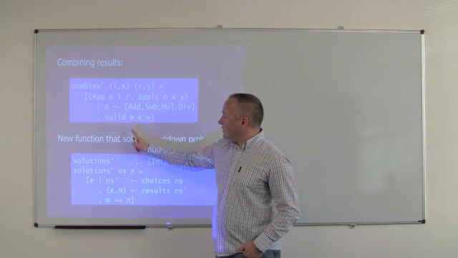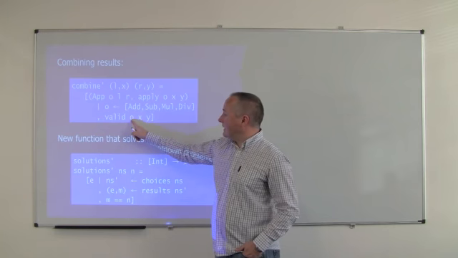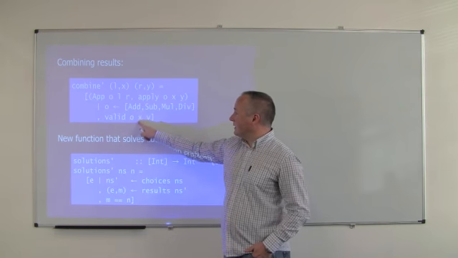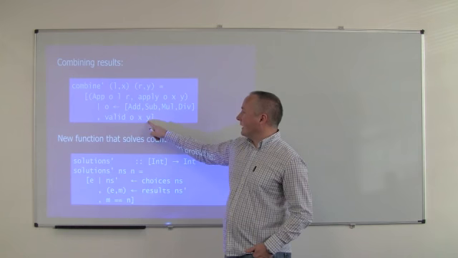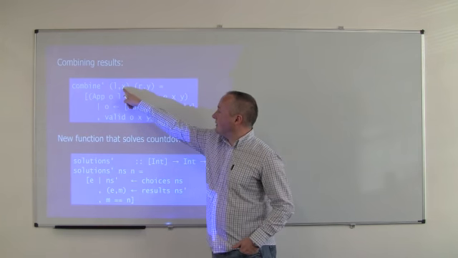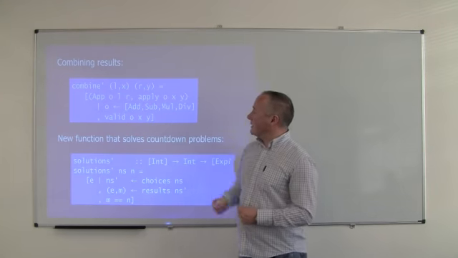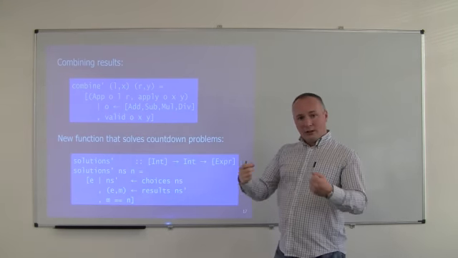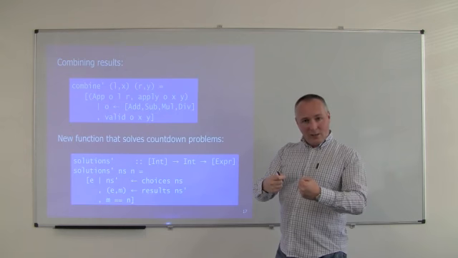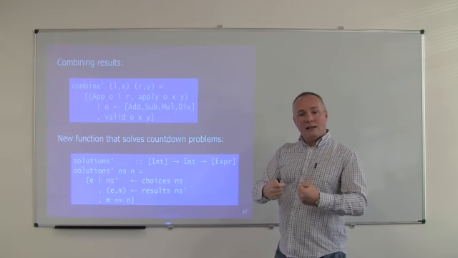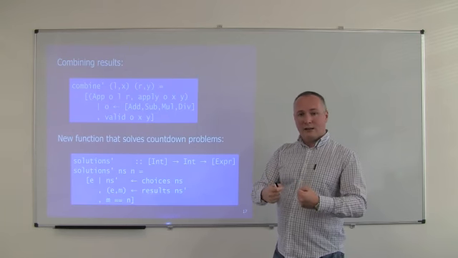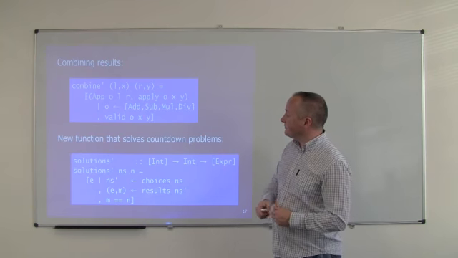It's then going to crucially check, is it valid to apply that operator to the number x and the number y? And remember, x is the result of evaluating the first expression, y is the result of evaluating the second expression. So in order to put these together using a particular operator, we need to check, is that a valid thing to do? So we have a little validity check here.